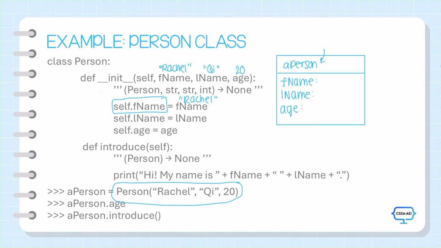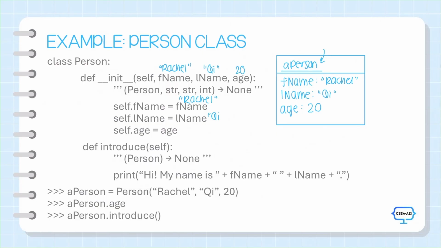Okay, so we're going to set that to Rachel. Okay, same goes for last name. We're going to set our last name to Q. And then we're going to set our age to 20 as an integer. Okay, and that's a person.